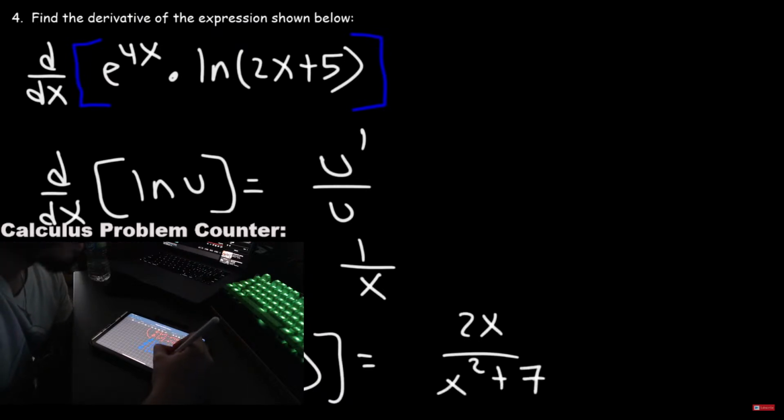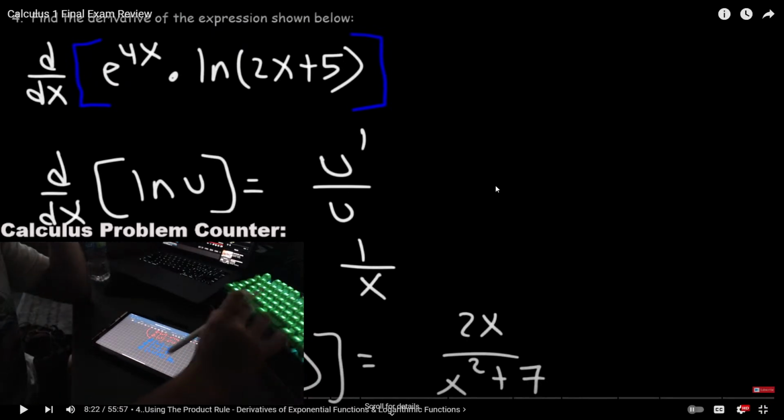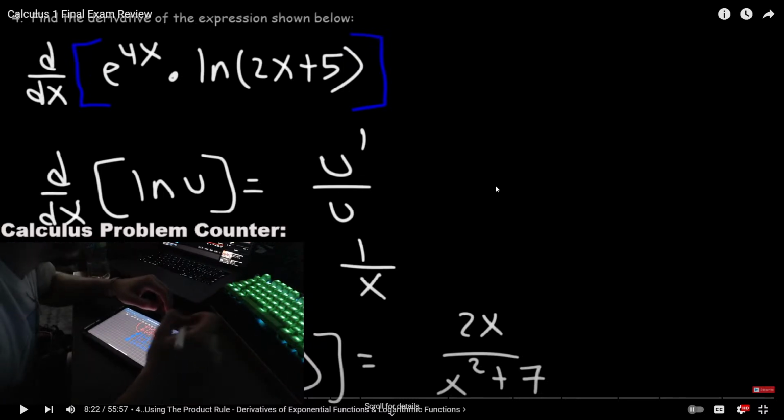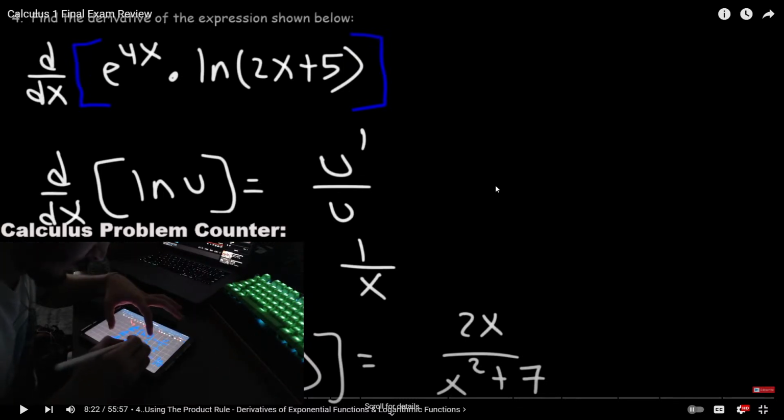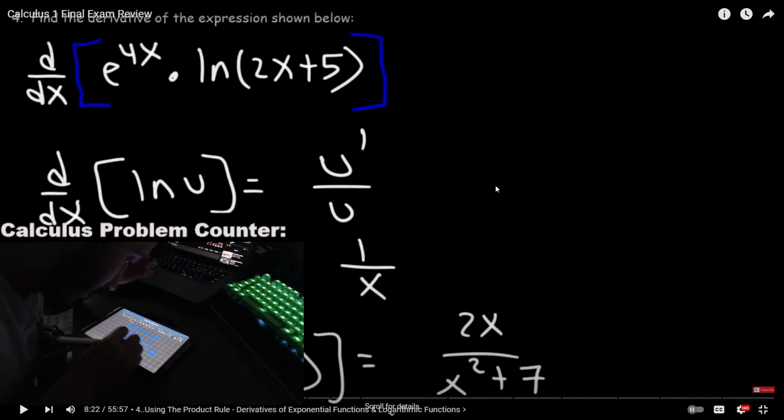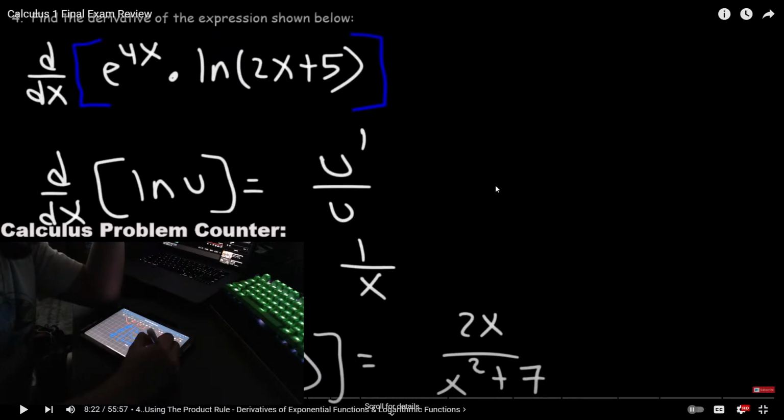So it's going to be 2x over x squared plus 7. The 7 goes away in the derivative, and then it's over the original expression.